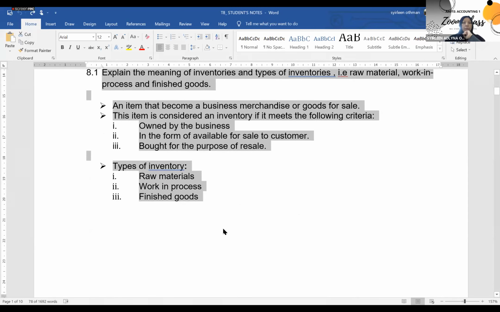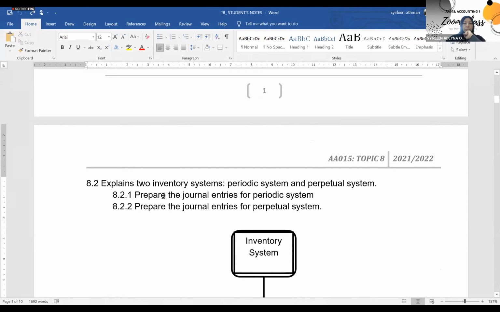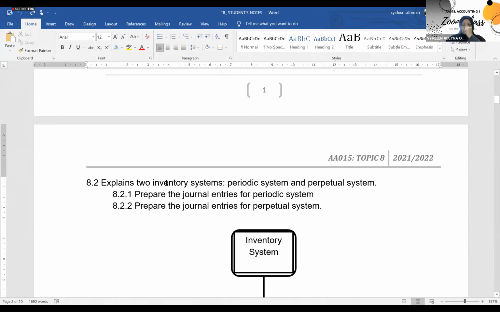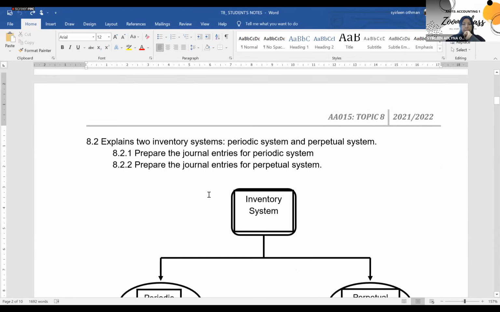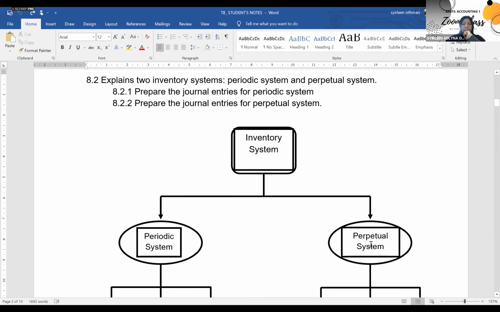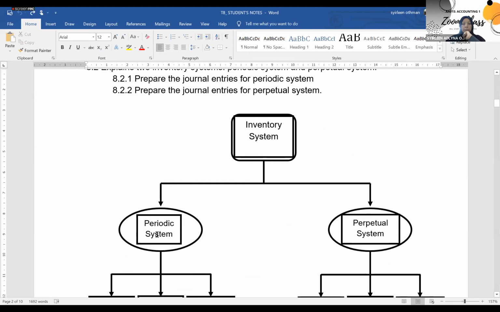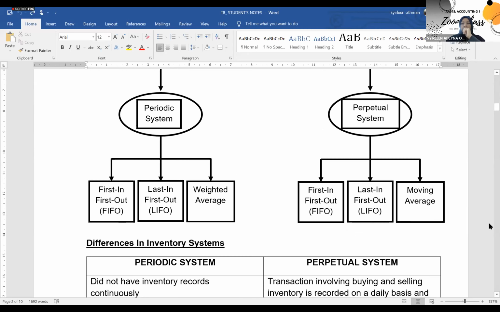Alright, okay, we go through to 2 inventory system. Kalau dalam nota ni awak boleh nampak dengan lebih jelas. Kita ada 2 sistem, which is the periodic system and also the perpetual system. Dan setiap sistem tu ada 3 method yang berbeza untuk kira inventory.